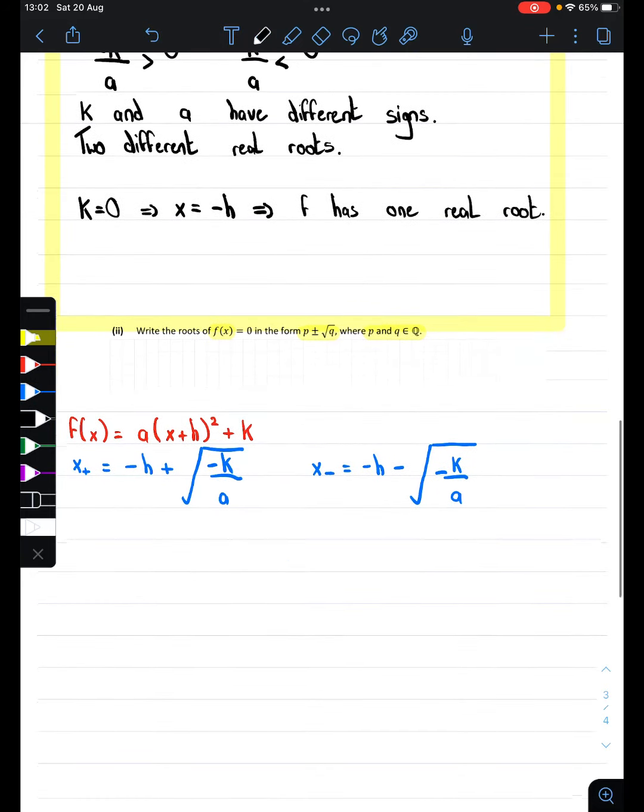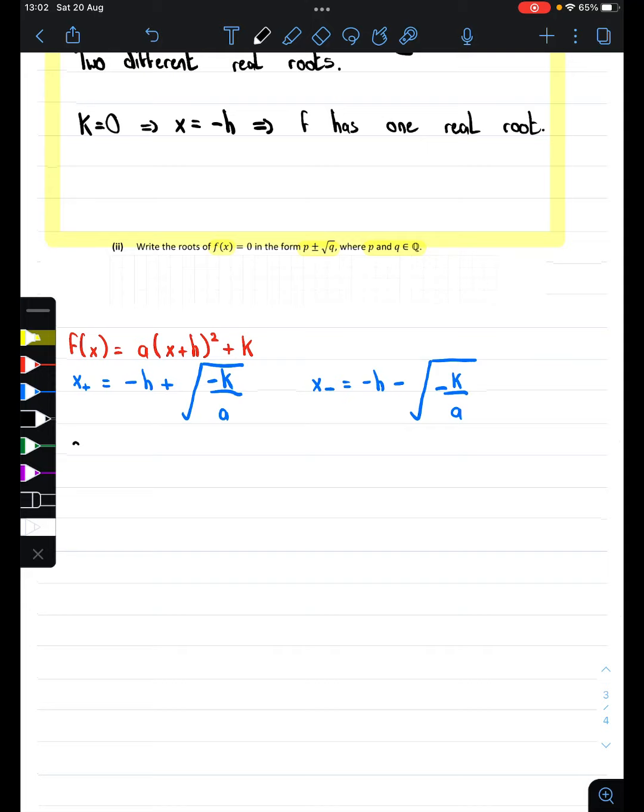And now we can just fill these in. So in our case, a equals 2, h equals minus 7 over 4, and k equals minus 129 over 8.